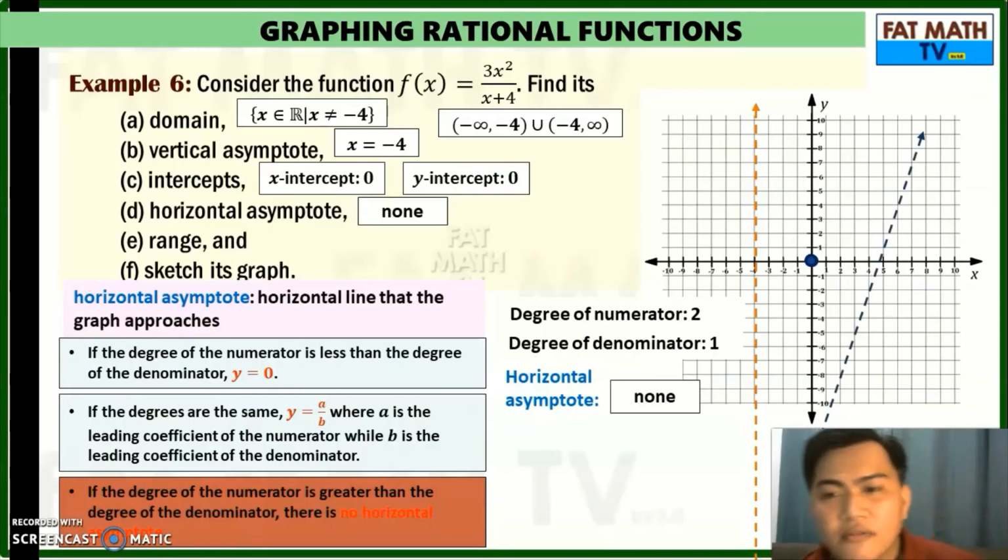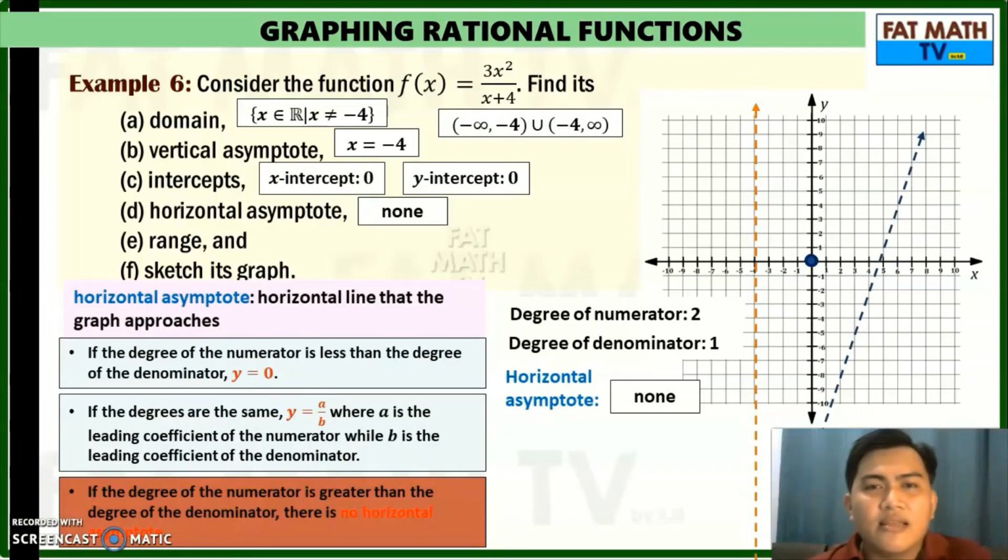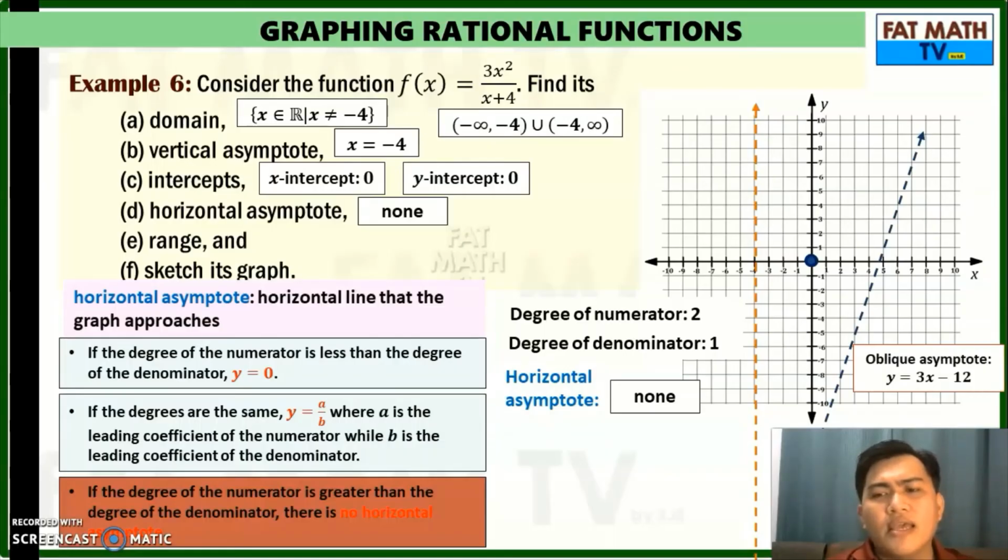But actually, if you go into basic calculus later on, in graphing functions like this, there will be an asymptote obtained by dividing 3x squared by x plus 4. You'll get something like 3x minus 12 plus the fraction part.